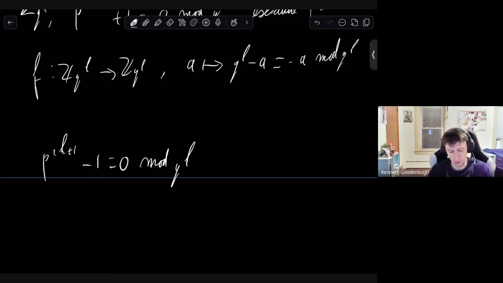And in particular, this equation tells us that we're raising something to a power and we get a 1 at a certain point. That in particular tells us that our p needs to be invertible under multiplication in the ring Z_{q^L}.